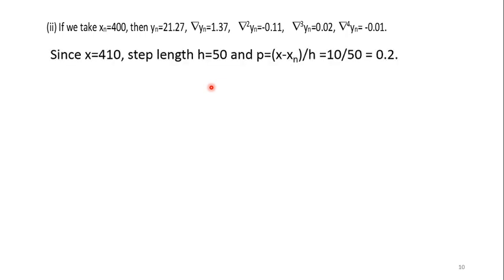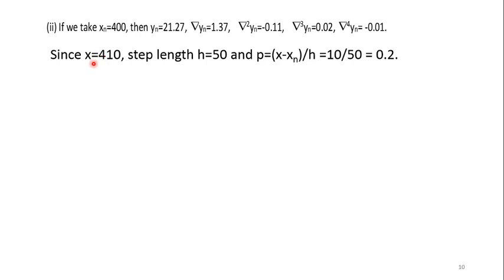Now if we take xn equal to 400 as the last value, with yn the corresponding value, then the first backward difference has the value 1.37, the second backward difference minus 0.11, and then the third and fourth backward differences. Now you can apply the backward difference formula here for solving this question.